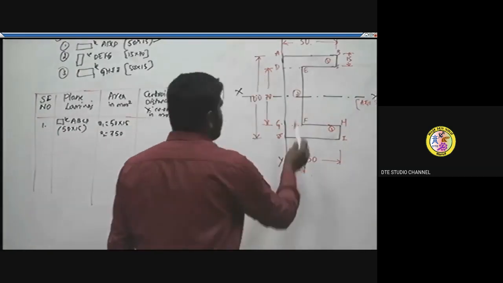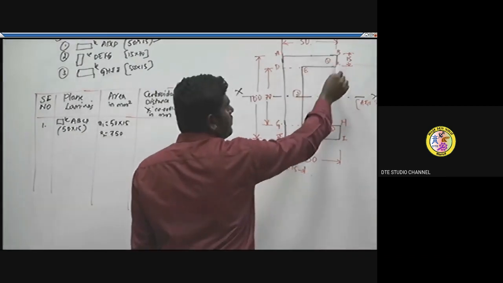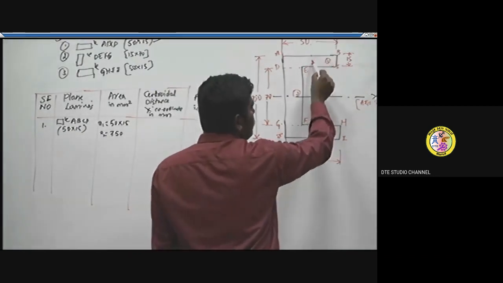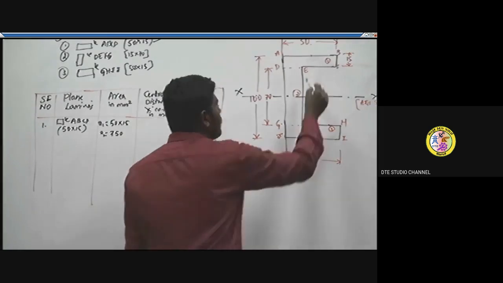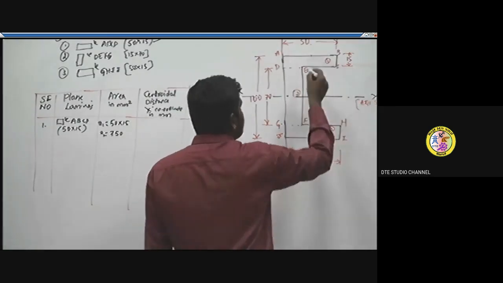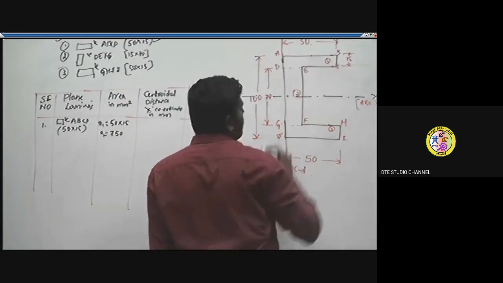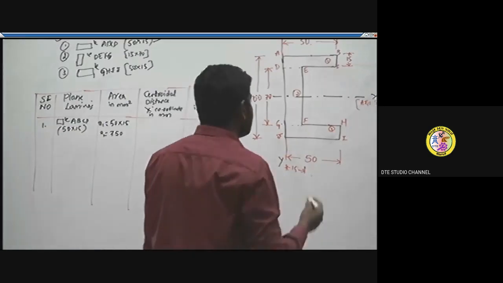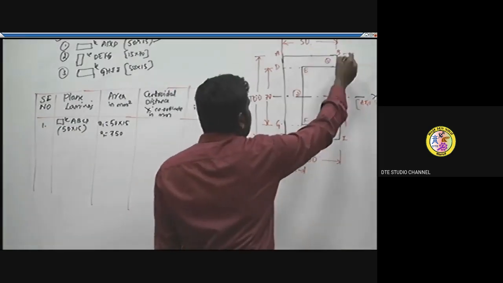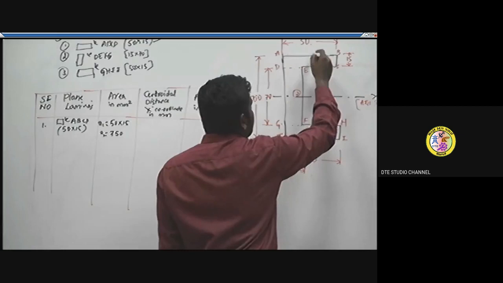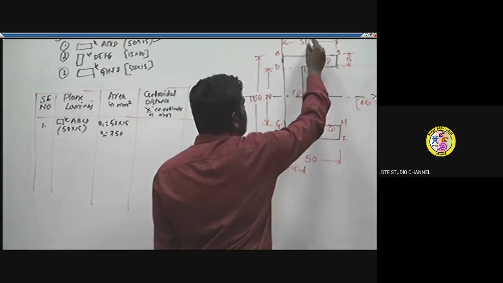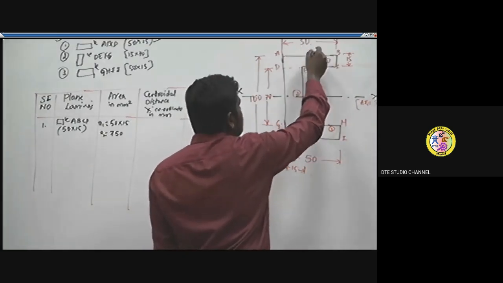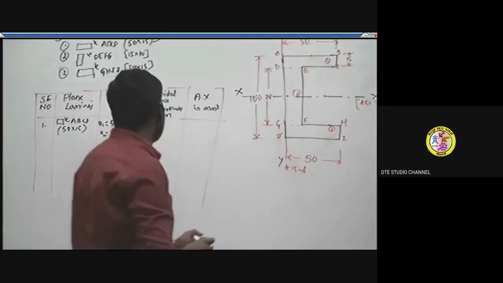Similarly, find out the x coordinate for this plane lamina. The length is given as 50. We know that for a rectangle, the centroidal point by geometrical considerations is where its diagonals meet. That is half of its length and half of its breadth. We have to calculate only the x coordinate, so we consider the x part, that is half of its length, 50 by 2.